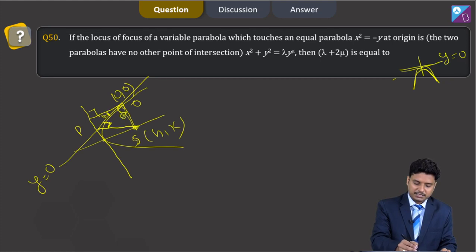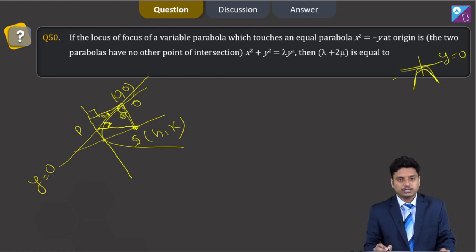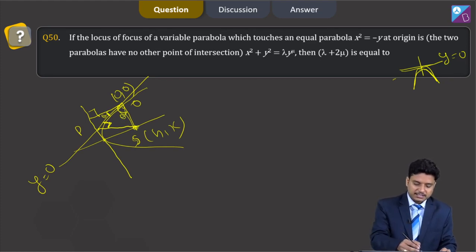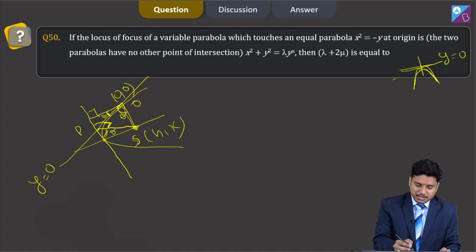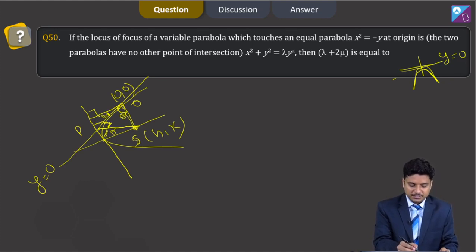That means if this is theta, this will also be equal to theta. This is 90, this is theta, that means this angle will be 90 minus theta. This is 90 minus theta, this is 90. So these two added together are 180 minus theta, that means we are left with this, that is equal to theta. So SP, why these two theta are equal? Because of reflection property.